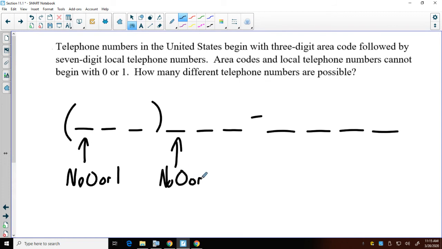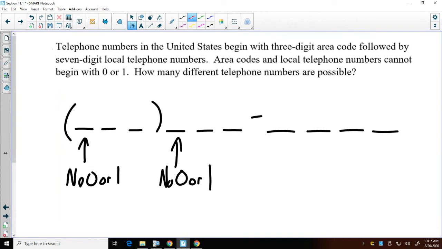No 0 or a 1. So let's go through and talk about how many choices we have for each digit, because that's what they want. It's just like the problem with the test. Each question was its own group. Each digit of these phone numbers is its own group.